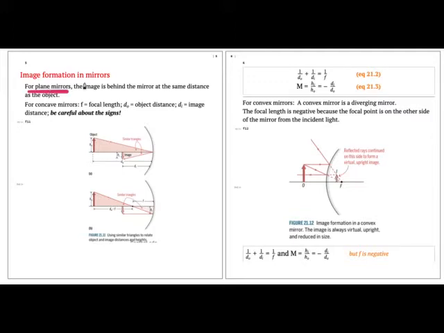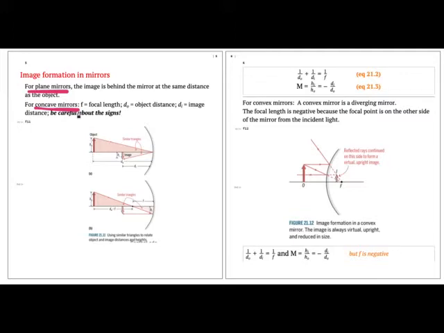So that's plane mirrors. That's the simplest case. And you'll have some problems where you have to analyze reflections in a plane mirror. But where things get interesting is if you have spherical mirrors, curved mirrors.